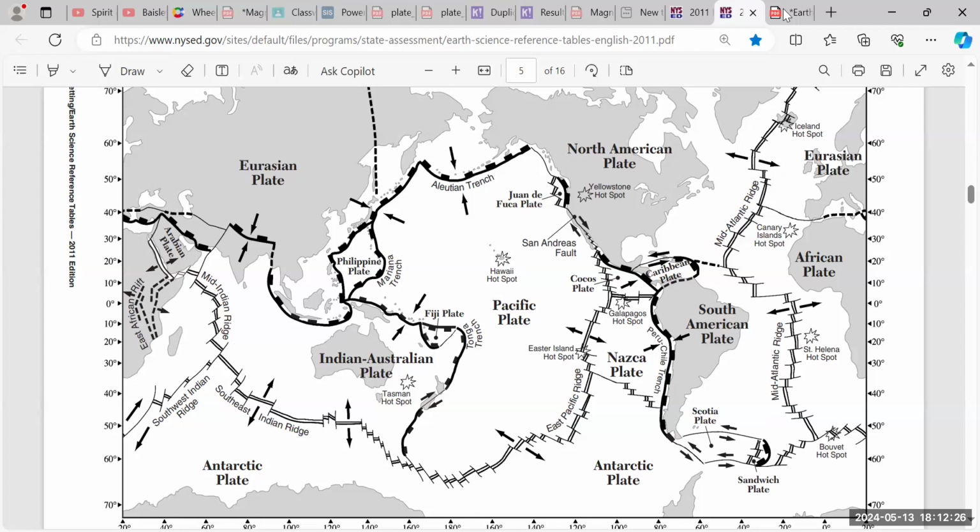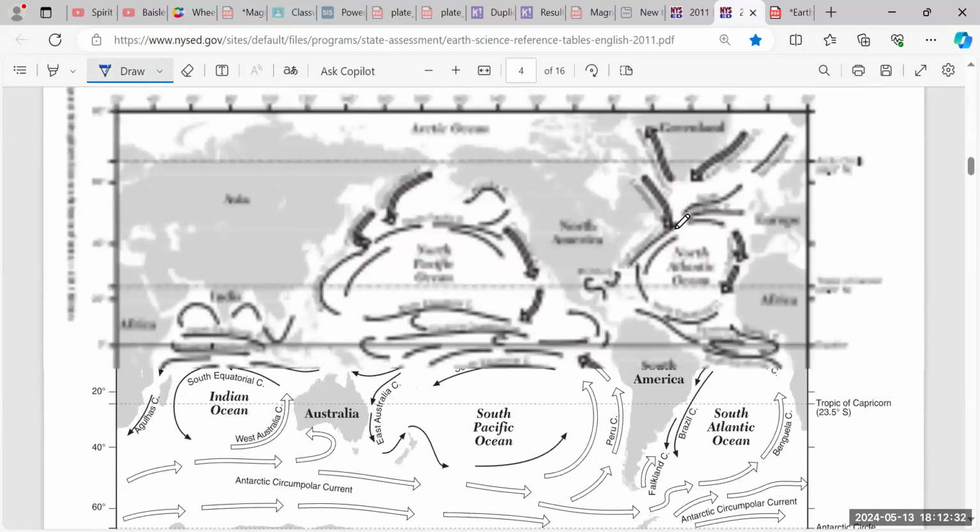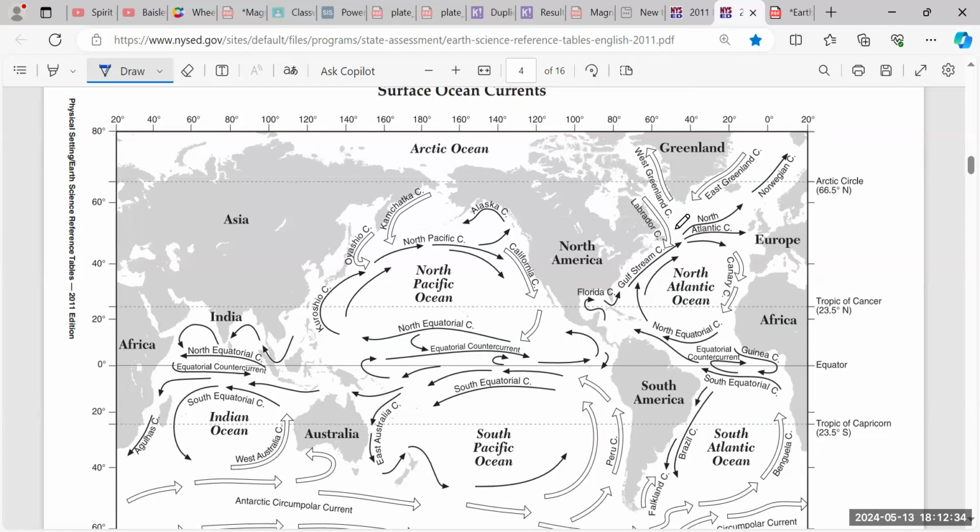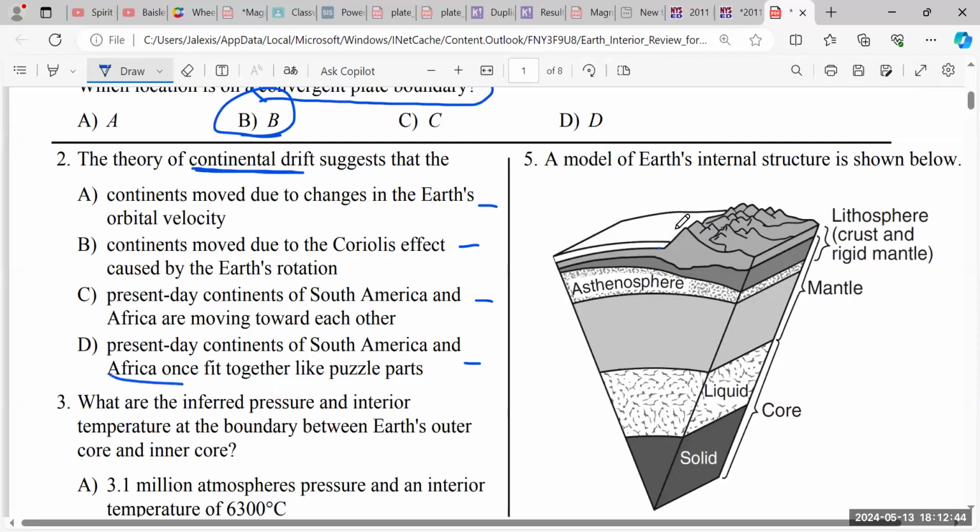And so one of the main ones we see here is how South America, we don't have to use this map, we can use page 4, looks like it can fit the west coast of Africa like pieces of a puzzle. And that's why the correct answer is going to be choice D. It can't be C because it talks about how South America and Africa are moving towards each other.